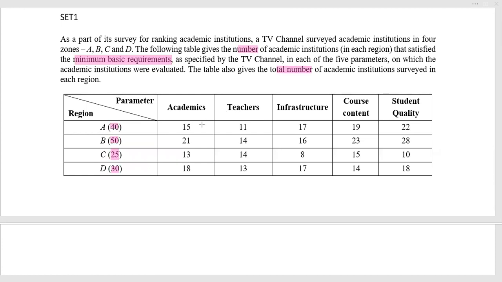Now, what is the meaning of that particular table? In a single region, let's say region A, there are 40 academic institutions.